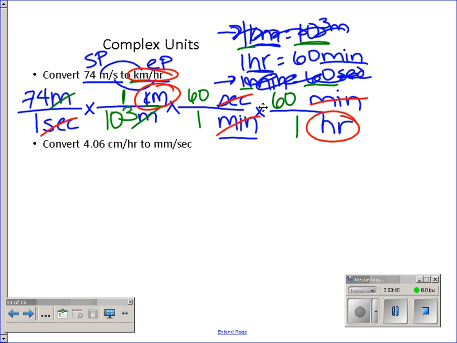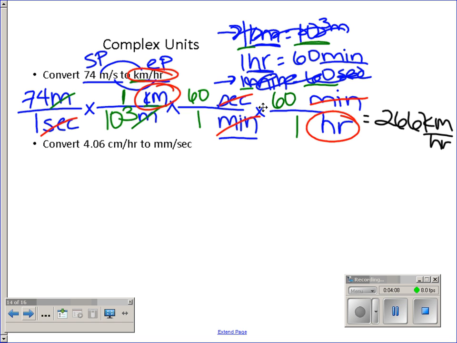I'm going to multiply across the top, divide by the bottom. 74 times 1 times 60 times 60 divided by 1 divided by 10 raised to the third divided by 1 divided by 1 gives me an answer of 266 kilometers per hour.